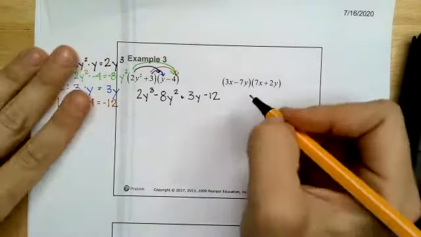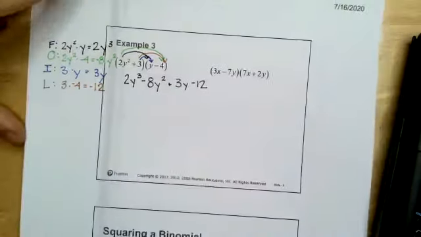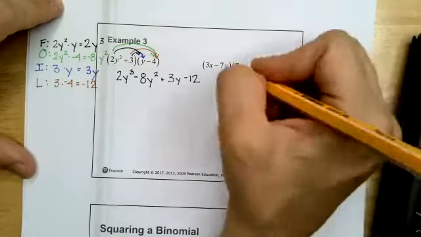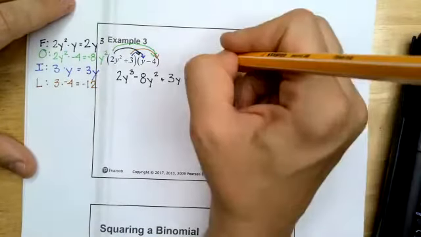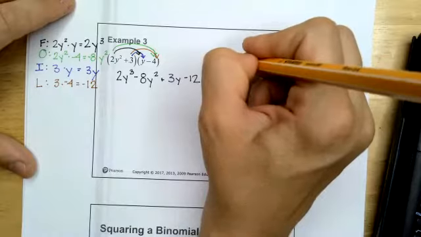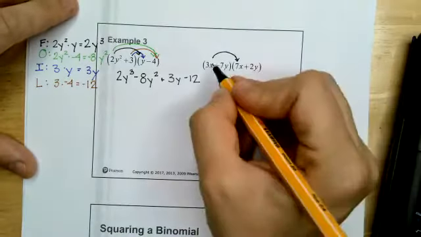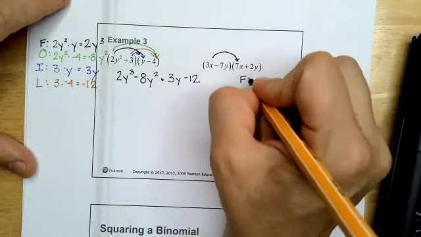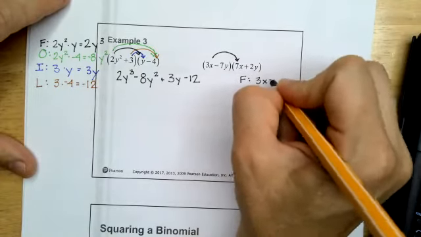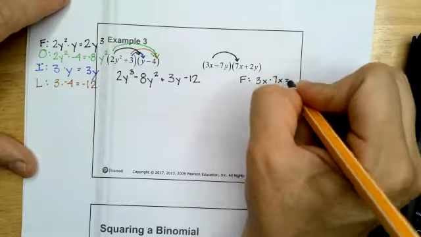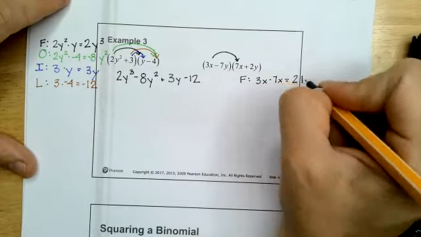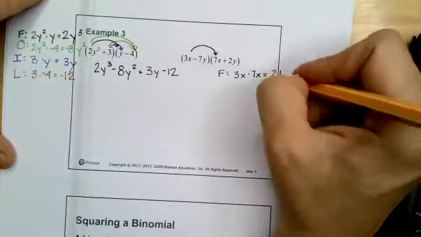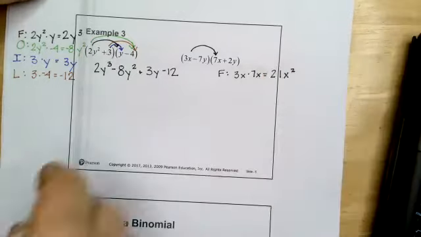So again, we can FOIL here: 3x minus 7y times 7x plus 2y. 3x times 7x, you're just going to multiply the 3 times the 7. 3 times 7 is 21. X times x is x squared.